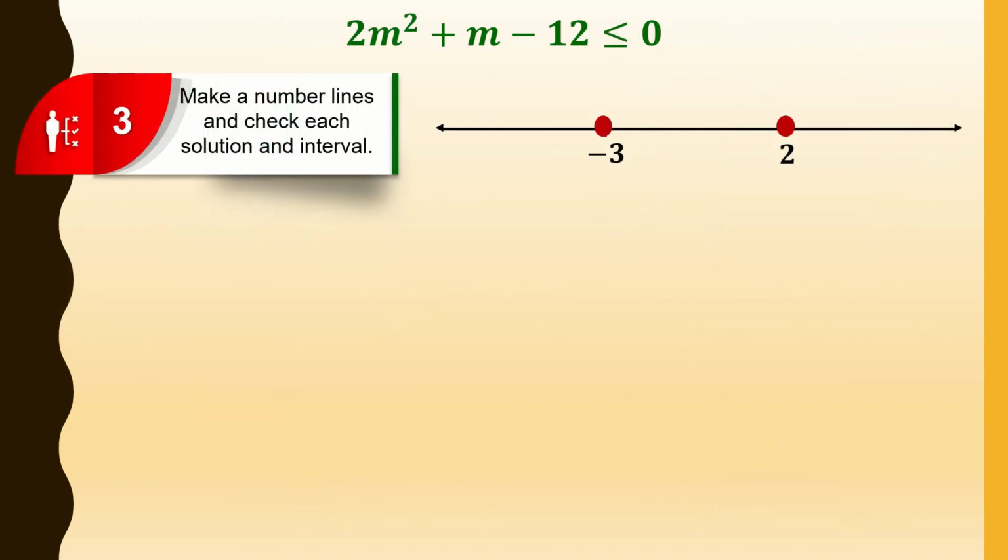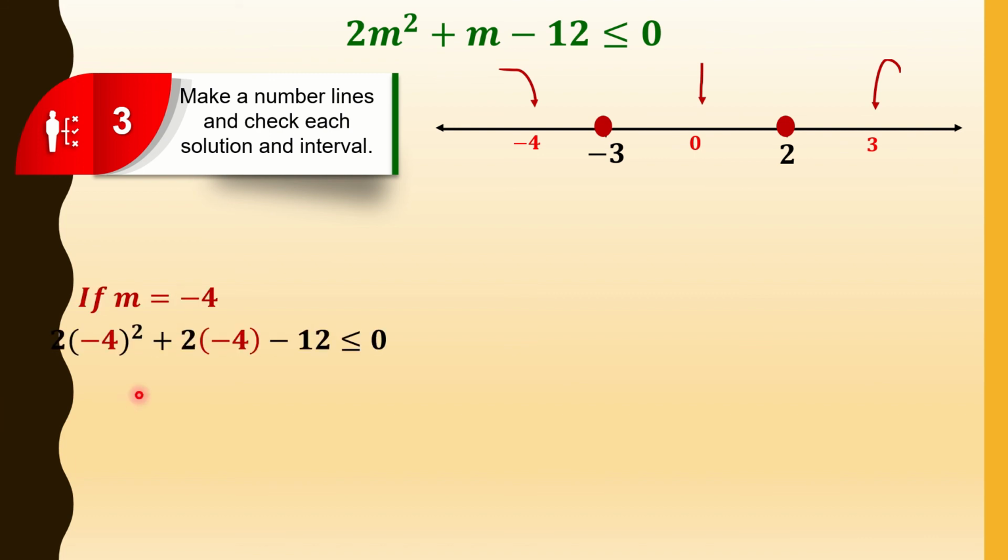Now, let's check the intervals. Again, I'll be choosing points between negative infinity and negative 3, negative 3 and 2, and 2 and positive infinity. So, for now, I'll be choosing negative 4, 0, and positive 3. Let's start with negative 4. Substituting negative 4 into our quadratic inequality, we have 2 times the square of negative 4 plus 2 times negative 4 minus 12 is less than or equal to 0.